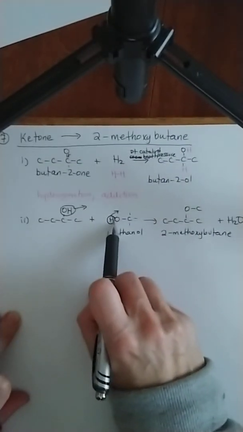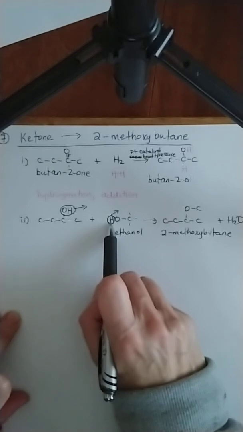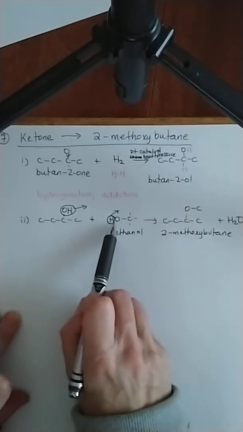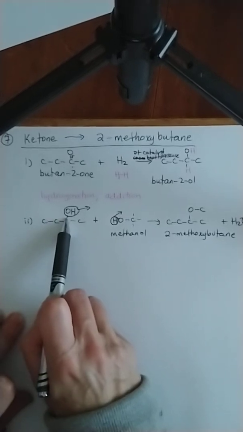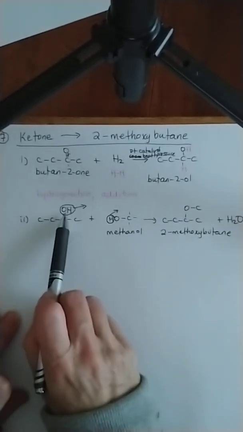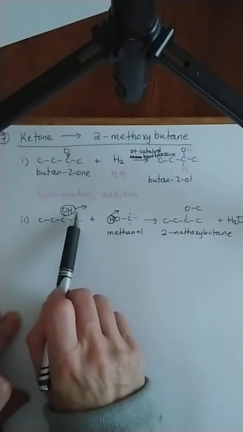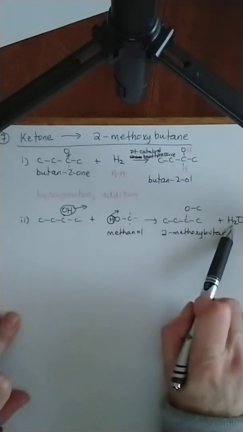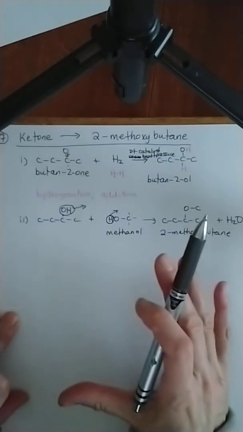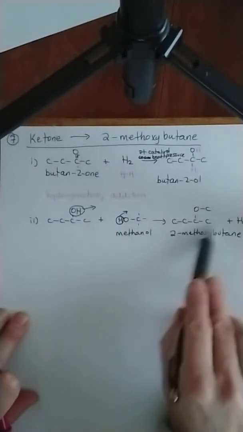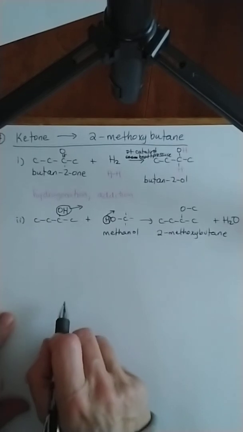So we're going to take this methanol, ditch the H from it. That opens up a bond on the O, and that will connect to this C that also has an open bond because we removed the OH. And the OH and an H were eliminated, producing water on the other side. They were not replaced with other atoms. We've actually synthesized a larger compound by doing this.